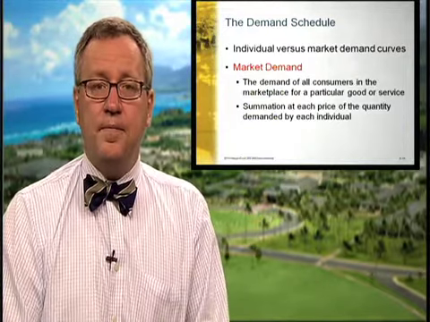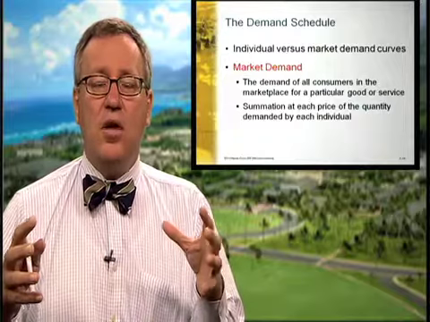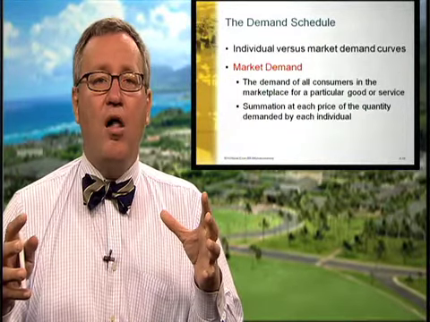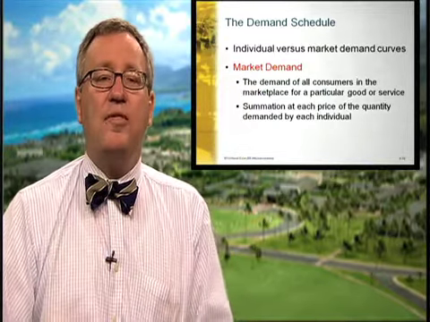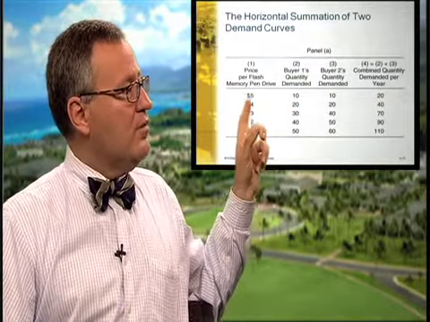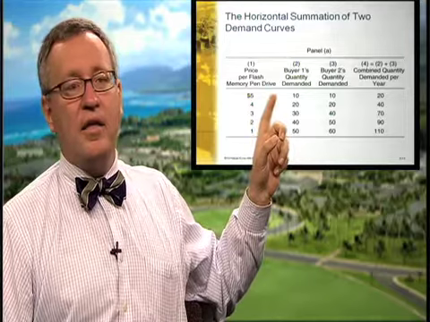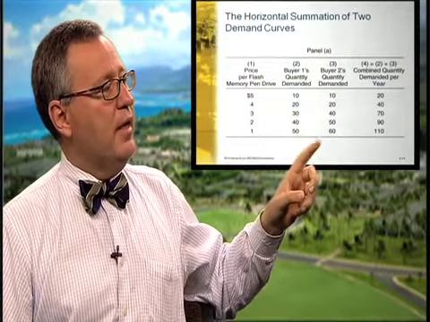In other words, if all the individuals in your class constituted everybody in the economy, we would sum up all of their demand at each individual price, and that would give us the market demand. So what we've done is say here are our prices, here was my individual demand, and then someone else's individual demand.